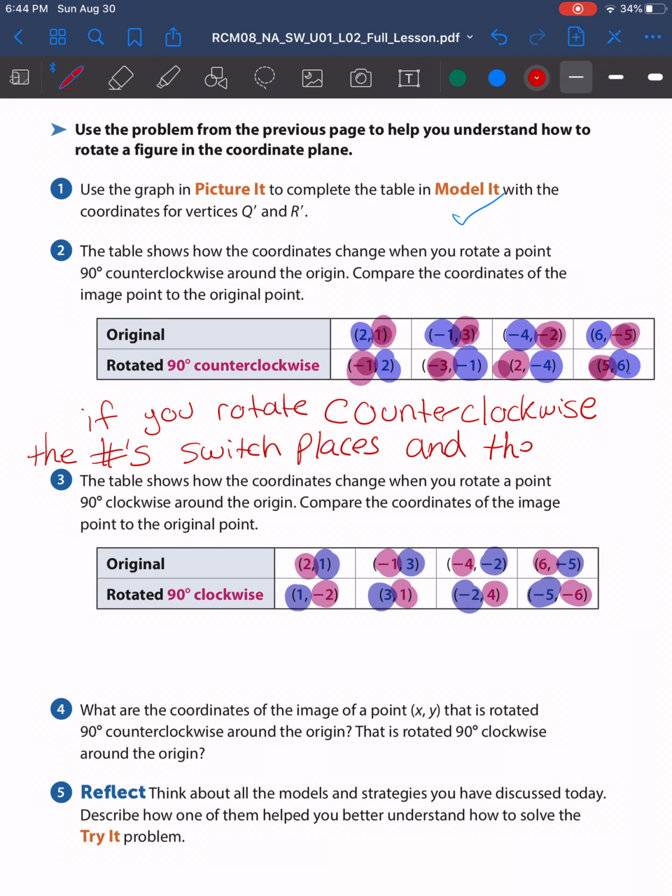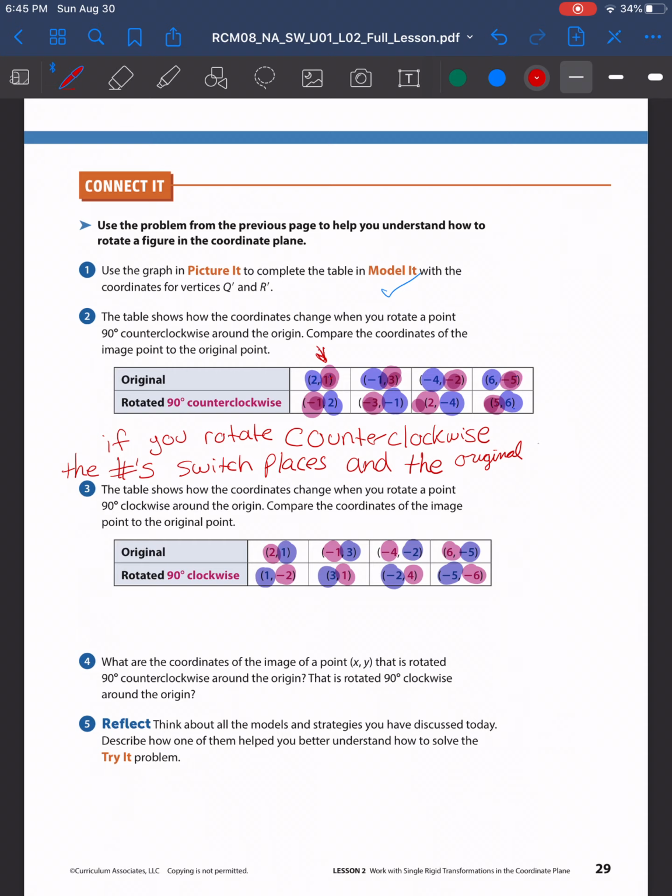And I'm going to go with the original, okay? The original Y's switch to their opposite sign. The original, I'm running out of room, Y coord., I'm not going to spell coordinate out.